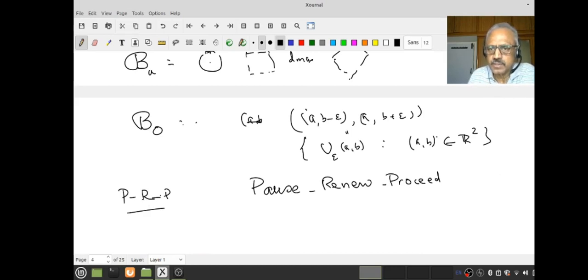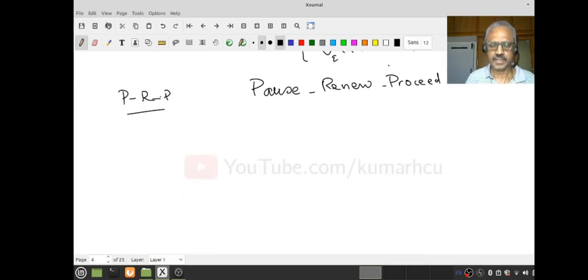So again, don't worry about this, keep the picture in mind. This is the kind of thing you should have. Now what do you see? You start with any open disk or open rectangle.